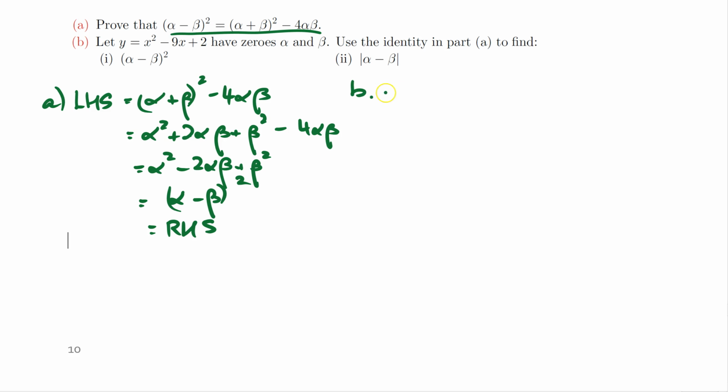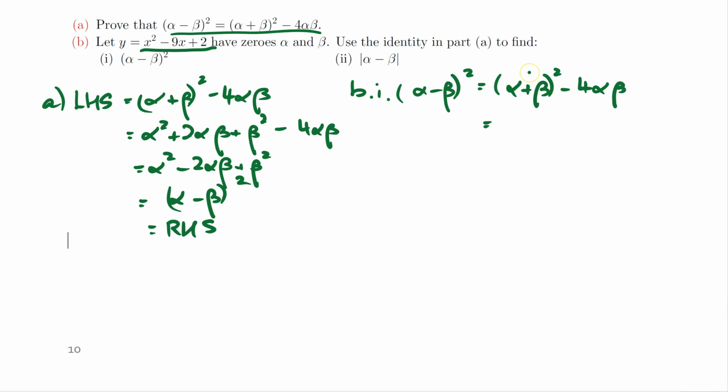And for B, part 1, for this particular quadratic with zeros alpha and beta, we're going to use our result from part 1 to find initially what alpha minus beta all squared is. So alpha minus beta all squared is, of course, from above, alpha plus beta all squared minus 4 alpha beta.